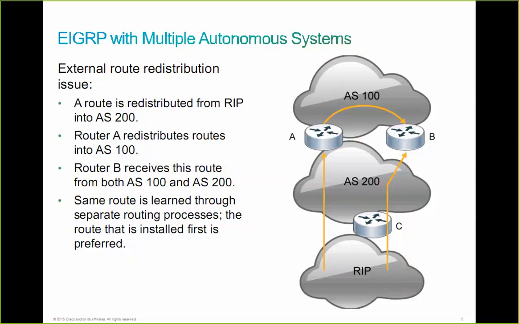So the route that gets installed in the topology database first is the one that ends up going in the routing table first, right? Which may not be an optimal path selection. The diagram's not that great to specifically identify what they're trying to demonstrate here, but you get the general idea, right? We could have suboptimal routing taking place because of how the routes are being injected into the autonomous system.